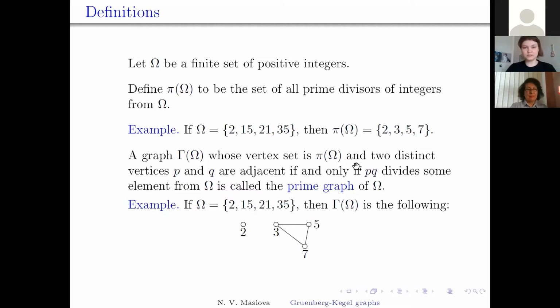It's easy to understand that we can think about omega as being closed under taking divisors. As an example, for this set omega, the prime graph is the following: two cliques, one clique containing the only vertex 2, and a clique containing vertices 3, 5, and 7.